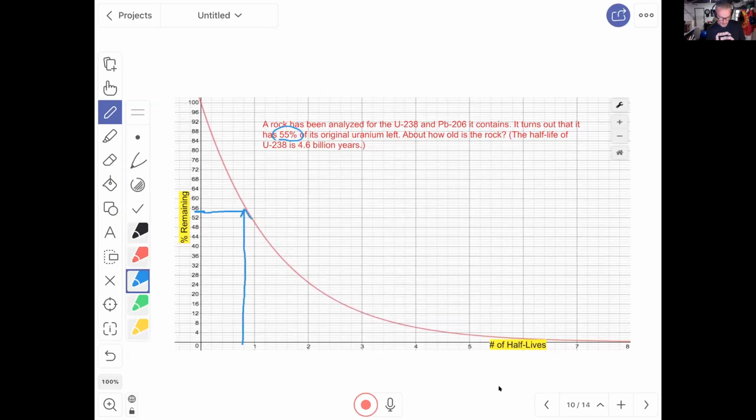So here we go. What is this number right here? That number is 0.2, 0.4, 0.6. That must be 0.8, right?